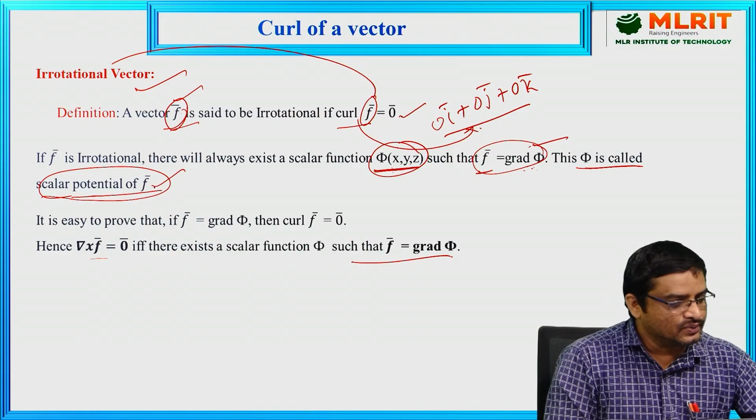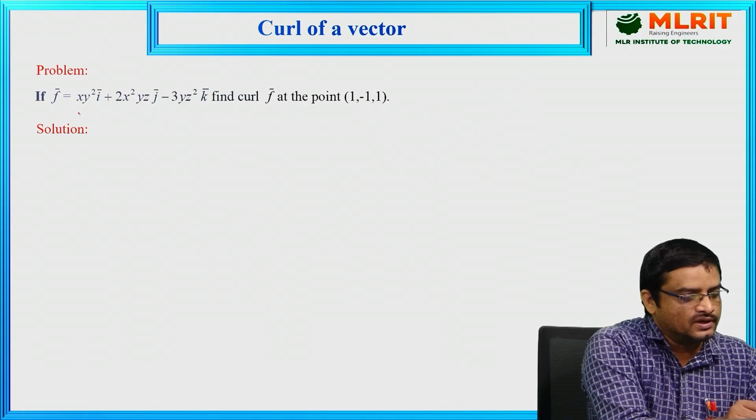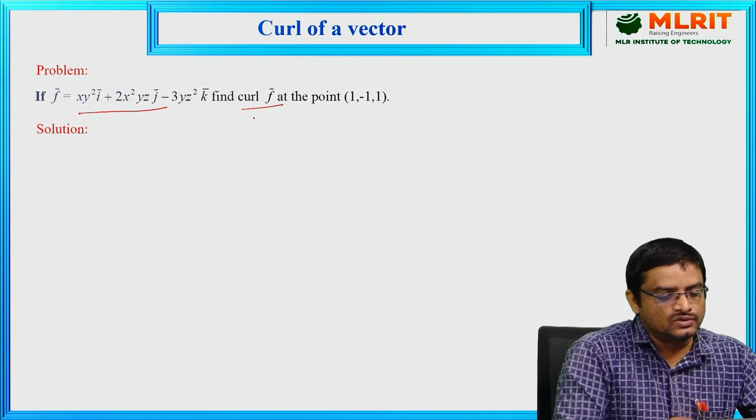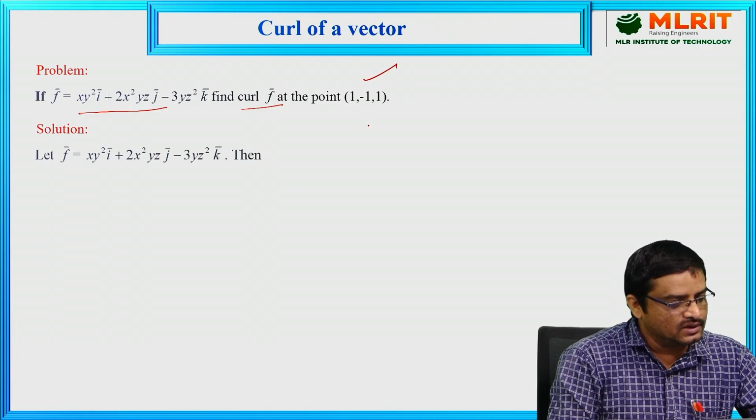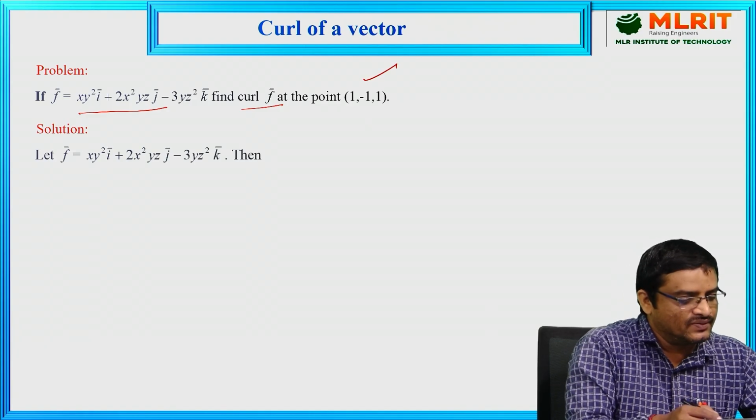Now we will take some problems on this. This is the vector given. For this vector we have to find the curl f bar value at this particular point. First write down the vector given in the problem.